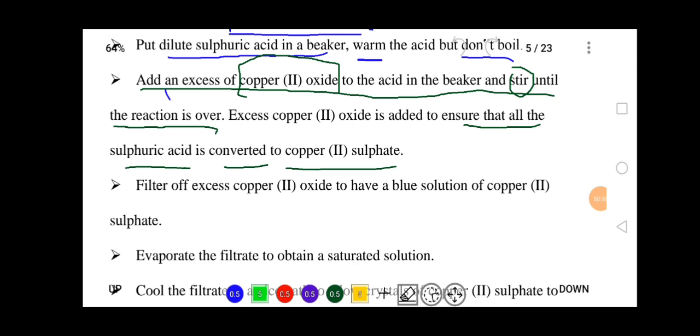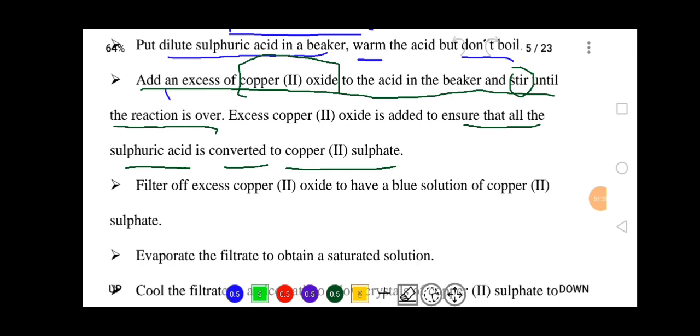So the only way you are going to tell that the reaction is now over is to observe if the copper 2 oxide is dissolving or not. If it stops dissolving, you are going to know that the reaction now is over. That is very important, because you are adding this substance in excess, meaning some of the substance will remain unreacted. When you see that it stops dissolving, you know that the reaction is over.